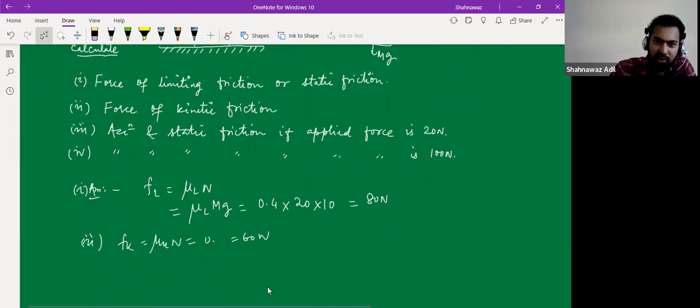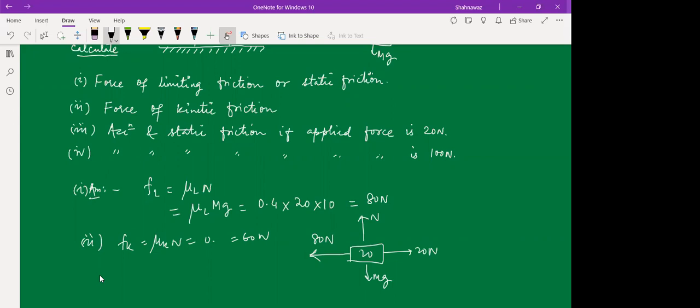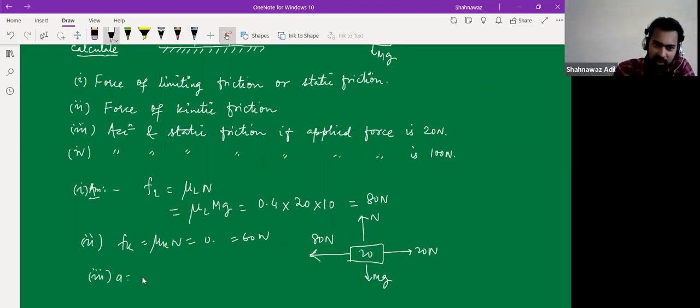And acceleration and static friction, if the applied force is 20 Newton, right? So on this block, a 20 Newton force is applied. This is N, this is mg, and we know that the static friction is 80 Newton. So will this block move or what? It will not. Yes, so the acceleration will be 0, right?